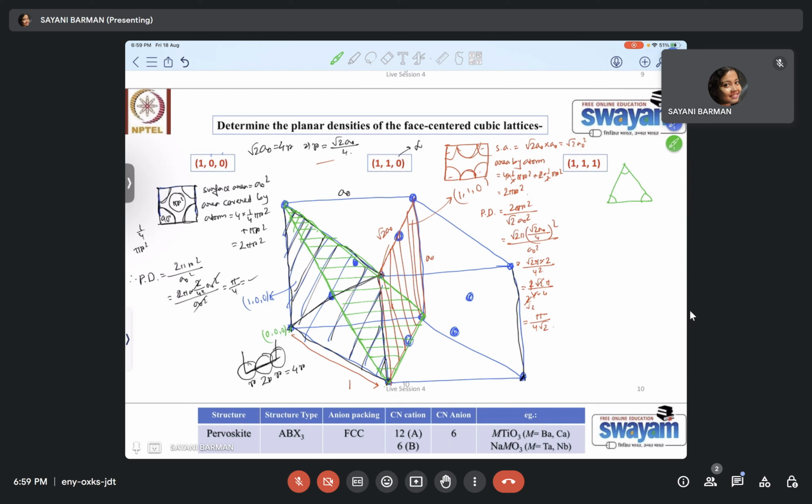And here also a semicircle will be there. Here also a semicircle will be there. Here also a semicircle will be there. Hence, area covered by atoms will be 3 into 1 by 6 pi r square plus 3 into half pi r square.